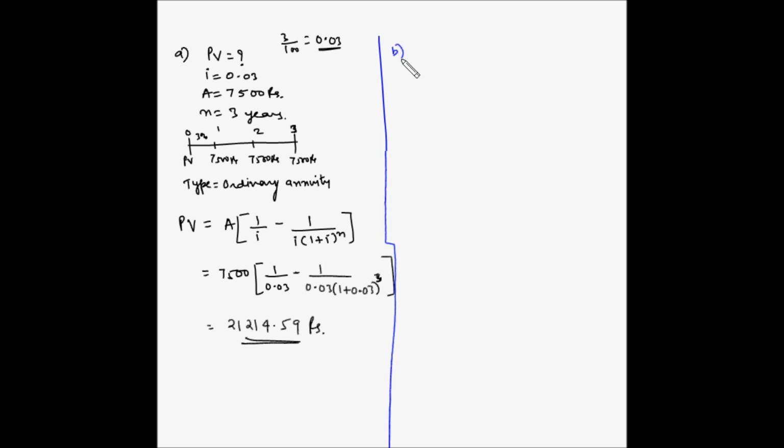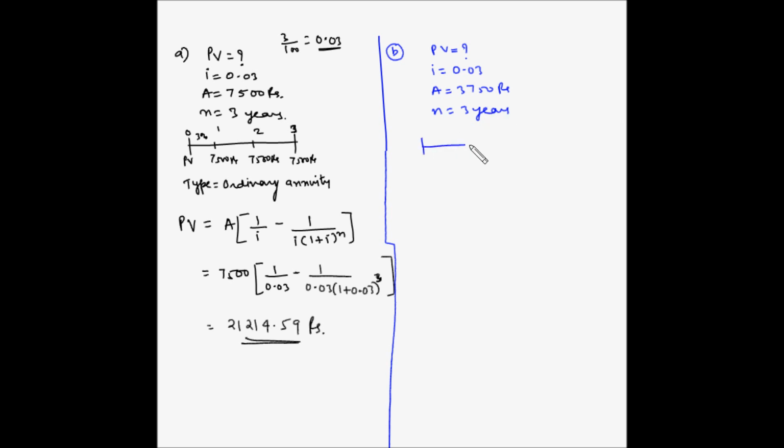So part B says that what is the present value if the amount gets an interest rate of 3%, which is the same as part A. The tenure is 3 years, which is the same as part A. But instead of withdrawing 7500 rupees at the end of each year, we withdraw half the money, that is 3750 rupees. So what is the present value when I is 0.03, A is 3750 rupees, N is 3 years.